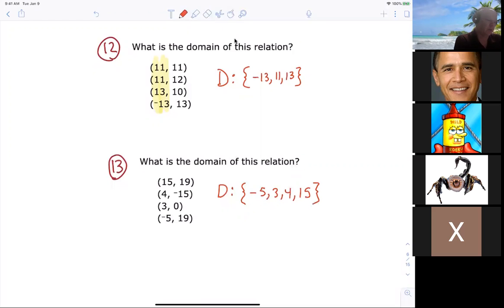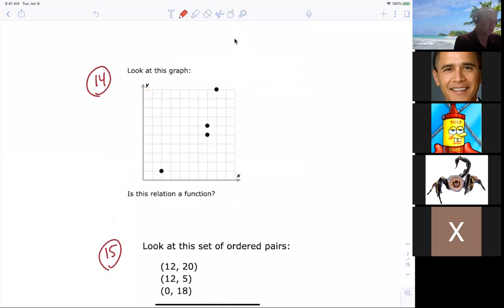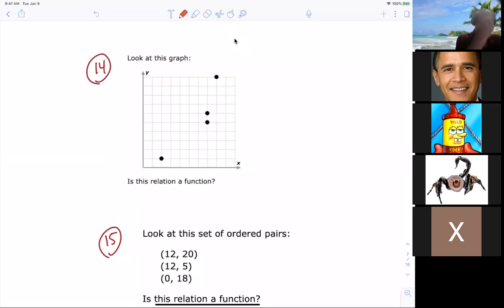All right, here we go. Now, again, now we have to go with our understanding of function, okay? So, is the relation a function? And the answer is no. All right, now why is the answer no? Because look, 1, 2, 3, 4, 5, 6, 7.